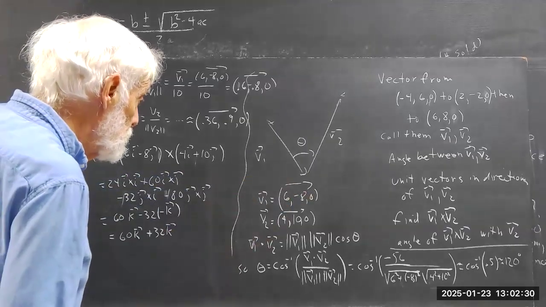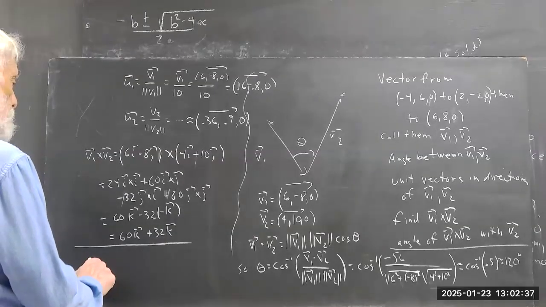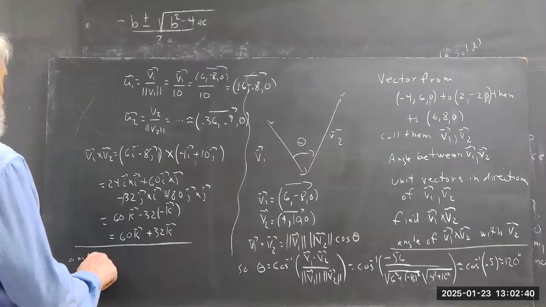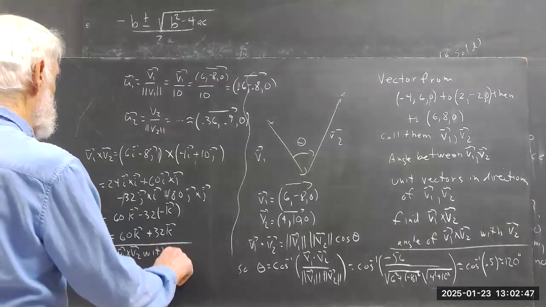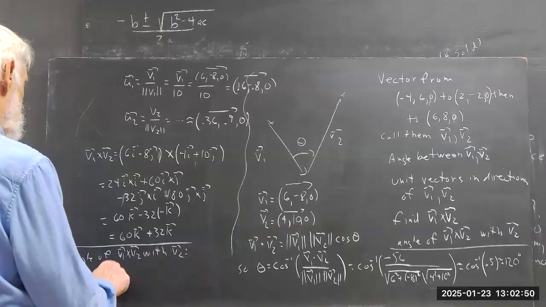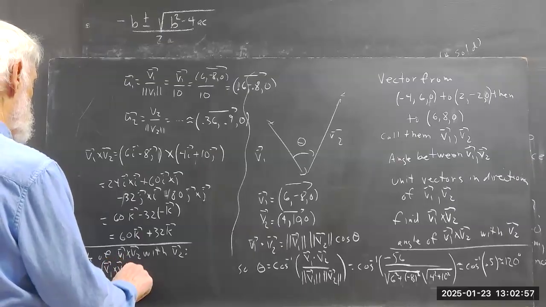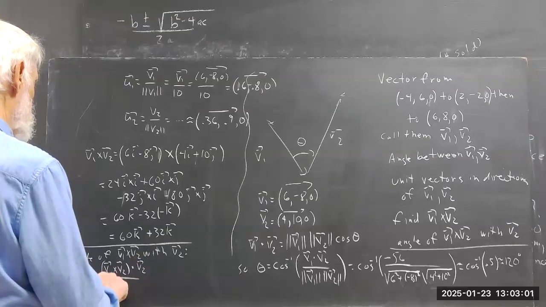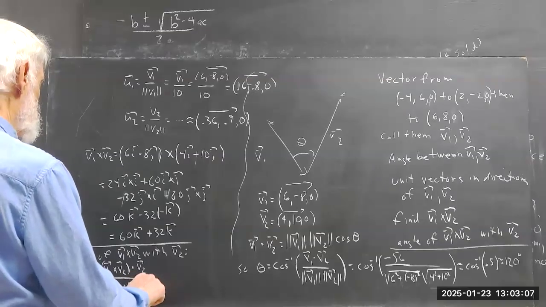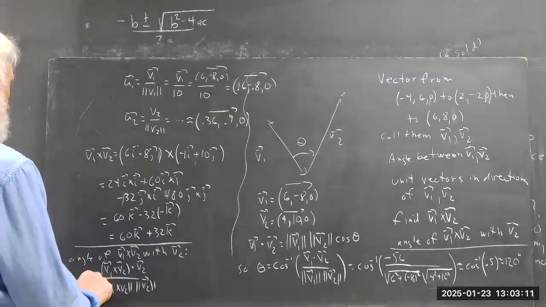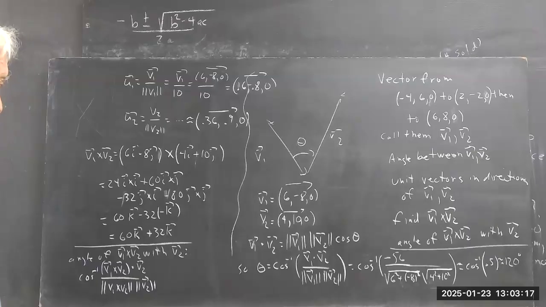The angle of V1 cross V2 with V2 is the inverse cosine of this.